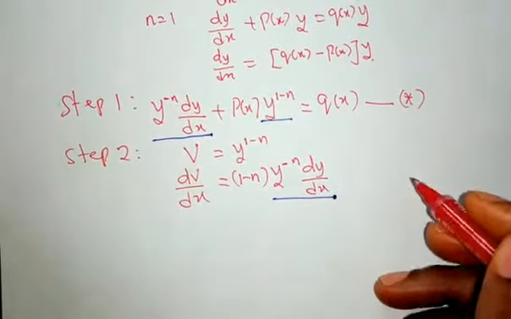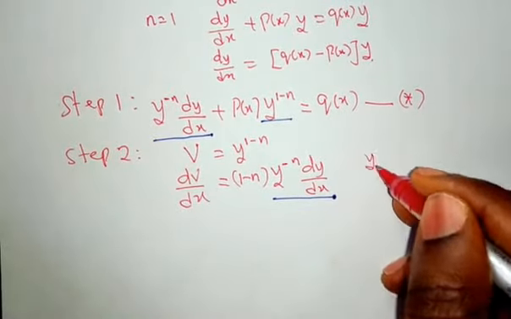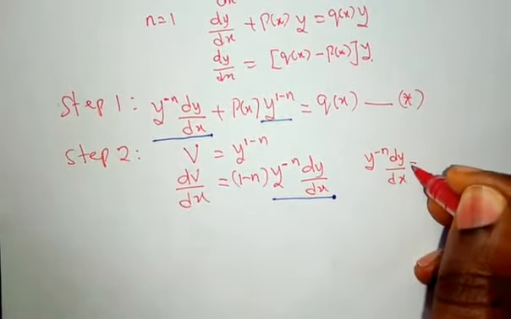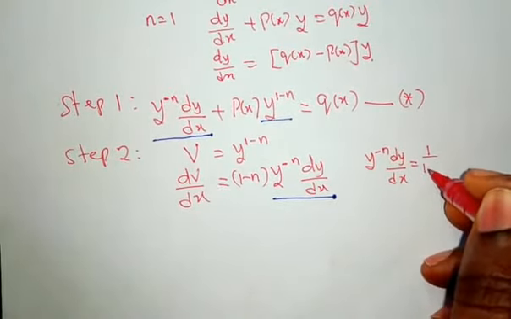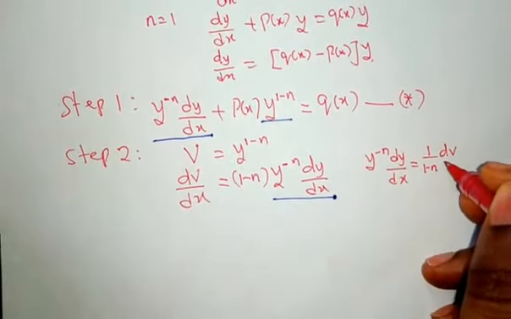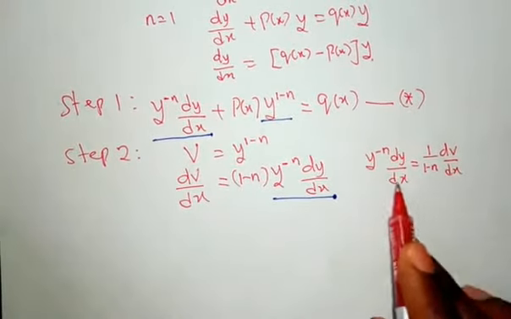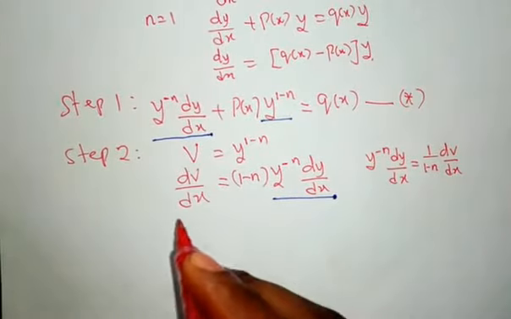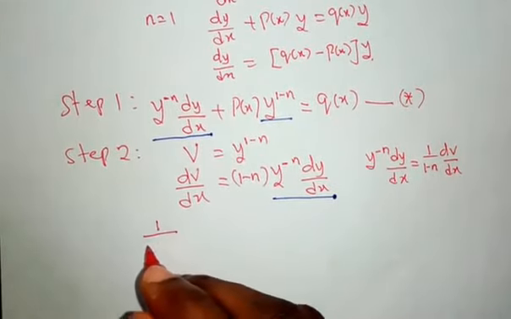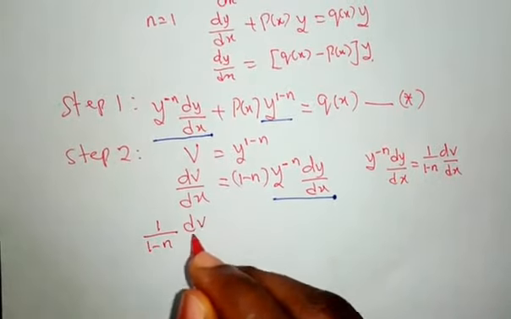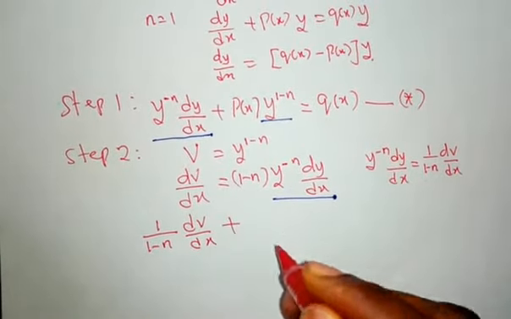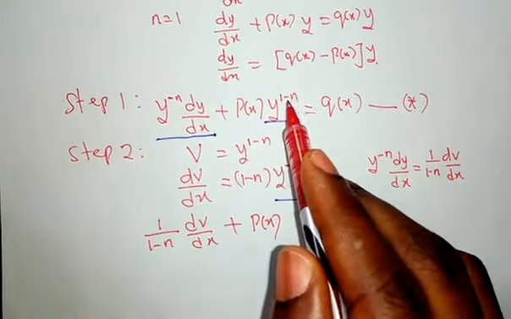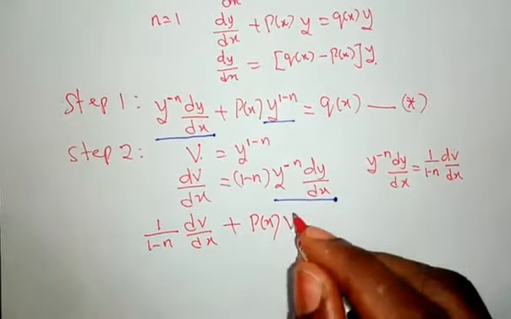So we can substitute this into this. If we make this the subject, we'll have y^(-n) dy/dx = 1/(1-n) dv/dx. So we can substitute this for this in equation star. So we get 1/(1-n) dv/dx + p(x)v = q(x), since y^(1-n) is v.